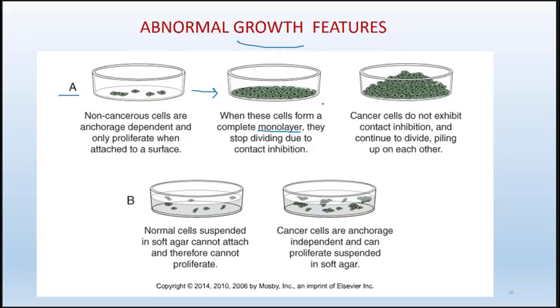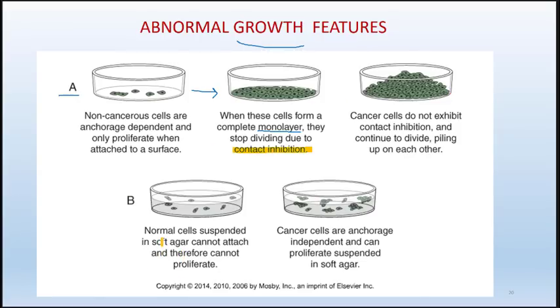And the reason that they realize that they've formed this monolayer and they know to stop dividing is because of something called contact inhibition. Cancer cells, though, don't possess this feature, hence the multiple layers that you can see. So we can say then that cancer cells have loss of contact inhibition.